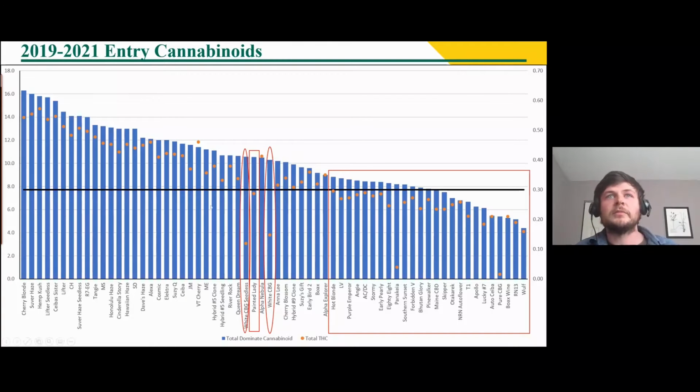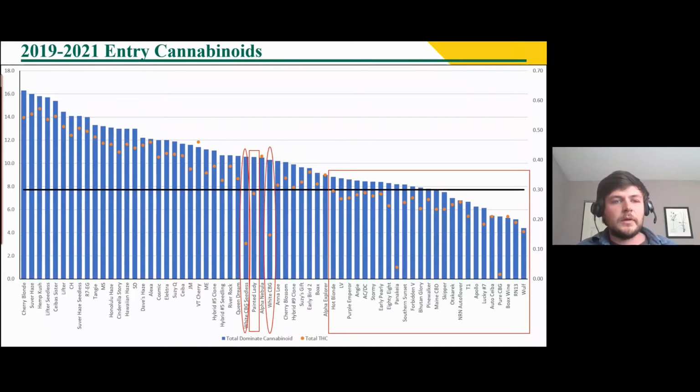Sorry, it's such a busy graph here, but I just wanted to put everything together from at least these past 3 years, and I think this is looking at all 65 varieties that we've had entered into our trials. Some of these have been trialed for 3 years, some just 1.